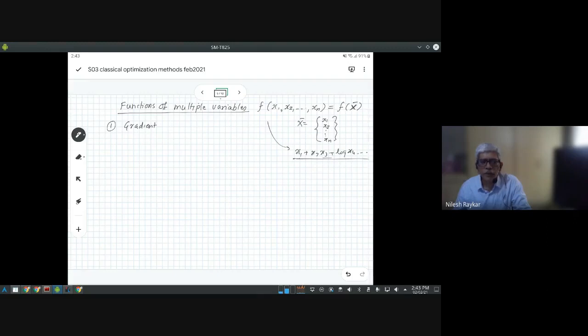So for the change in each variable, there will be a different change in the function. That is captured in the form of a vector. So the first derivative of a multivariable function is a vector, because variation in each variable gives a different slope of that function, and that is captured by the gradient vector.